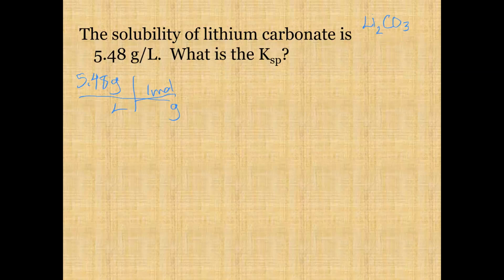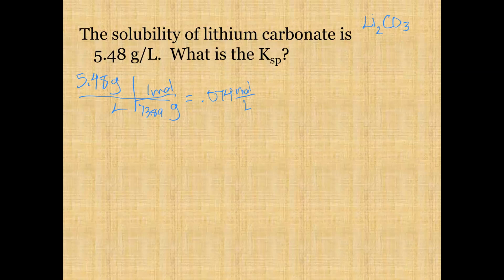That is going to have a mass of 73.89 grams per mole. So that gives us a molar solubility of 0.074 moles per liter. So that, remember, is our change factor, that X factor that we have.